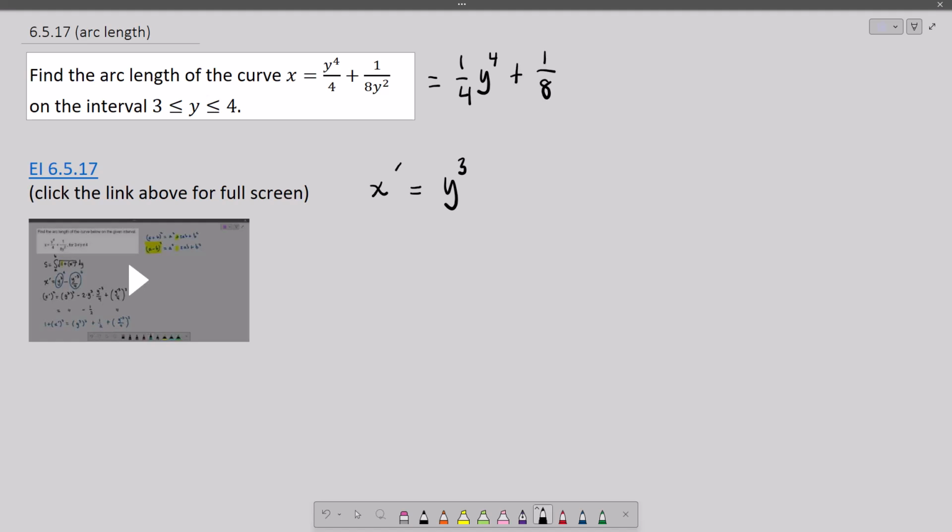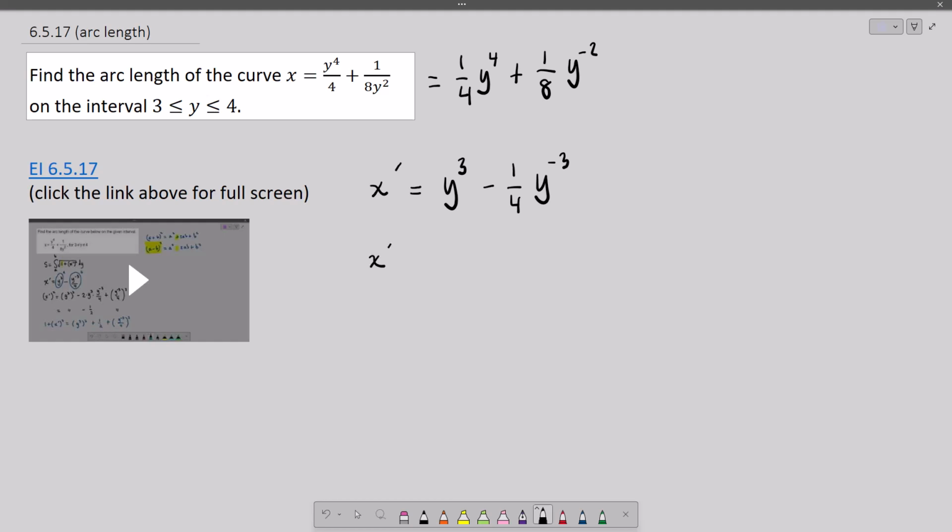The common mistake I see here is that the 8 is not treated separately and kept in the denominator. So that 8 is in the denominator. And when we take the derivative here, we get minus. So 2 over 8 is 1/4. And we subtract 1, we get y to the negative 3. So we get that.